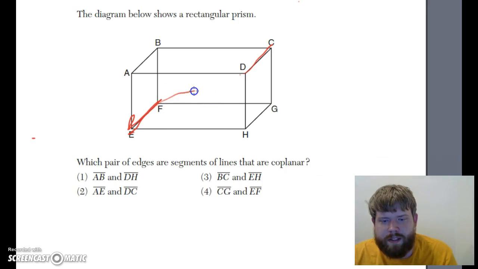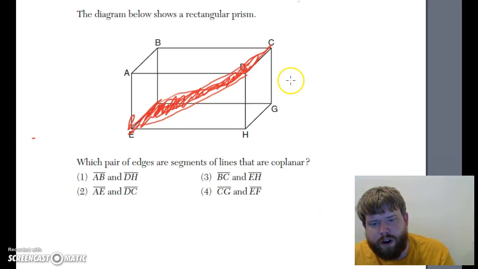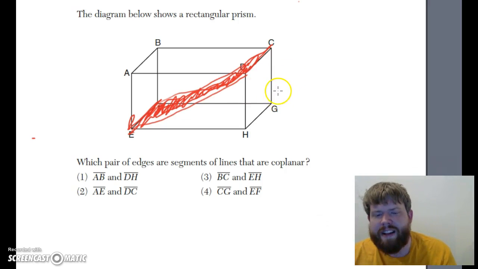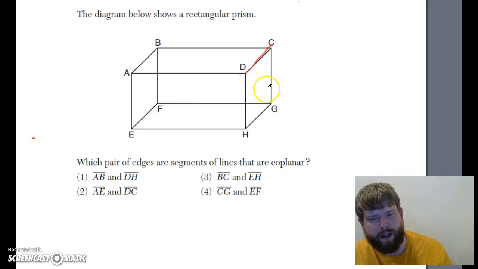So imagine a piece of paper, or a piece of cardboard maybe, that's lying diagonally in this box. Do you see how both EF and DC would be intersected by that diagonal piece of cardboard?